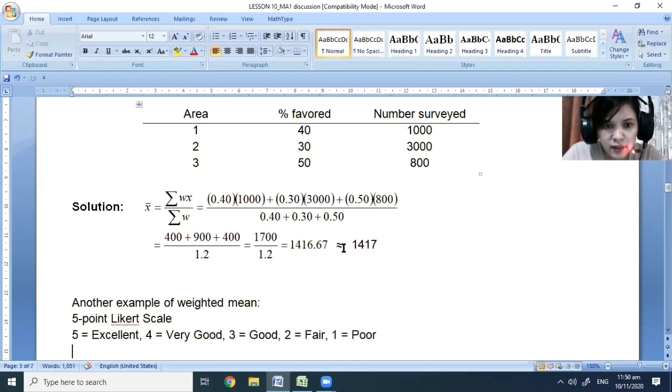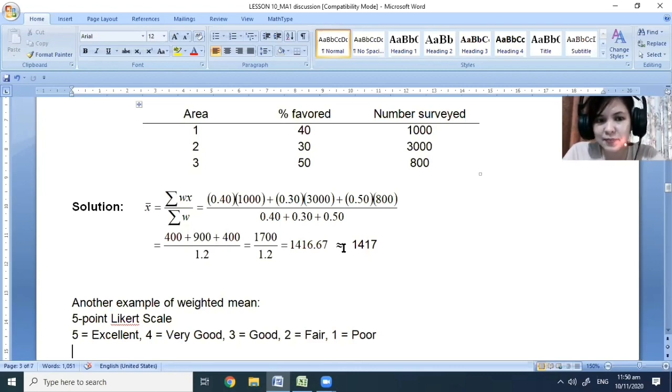Then, as you perform the formula, you find out that 1,416.67, estimated as 1,417, like the taste of the new cola from the 3 areas with a total of 4,800 respondents.